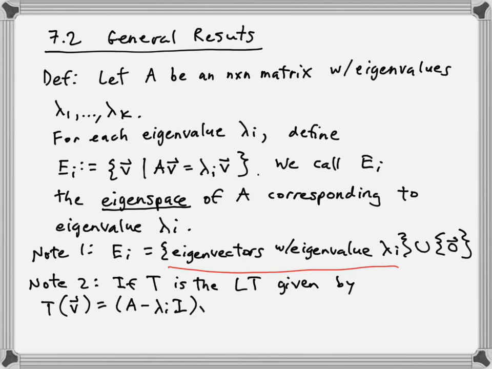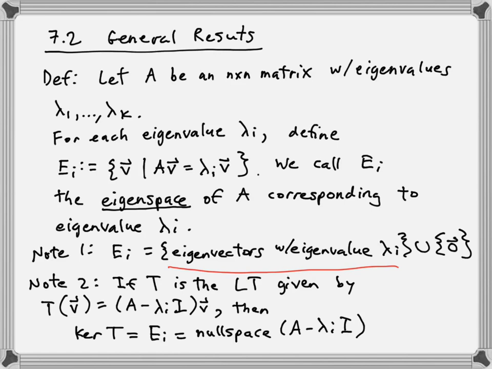I need to write it this way. Okay. Then the kernel of this transformation is actually the same as the eigenspace, right? It's all of the vectors that make that true. And that is also the same as the null space of A minus lambda I. Okay?